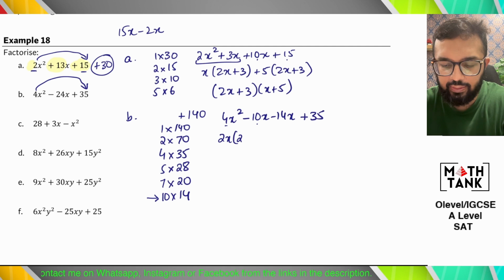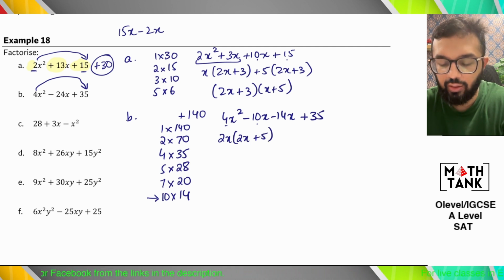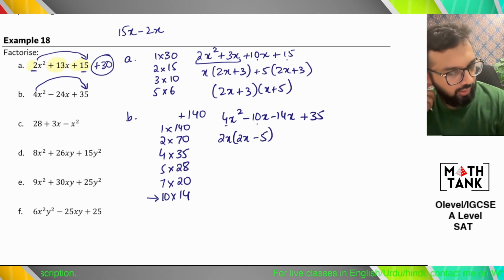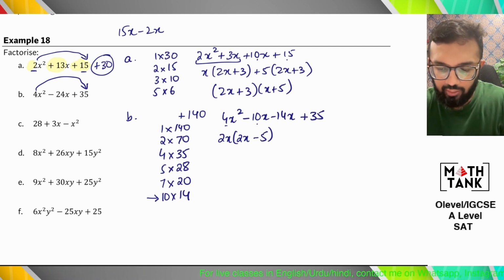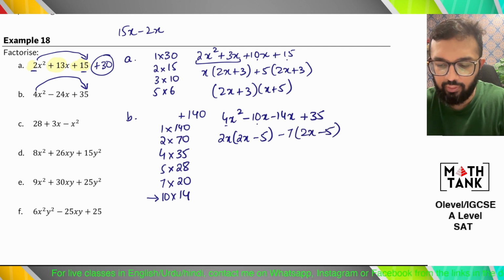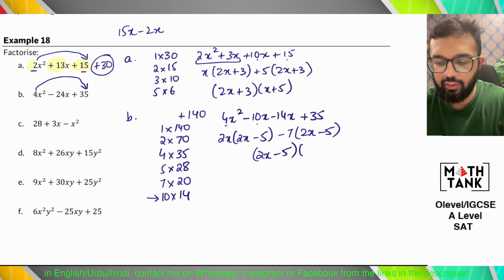Common is 2x, so 2x plus 5, 2x minus 5. Okay. Then minus 7. So 2x minus 5 and 2x plus 7.